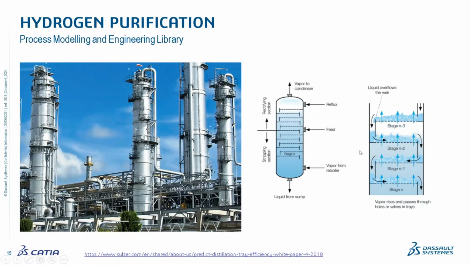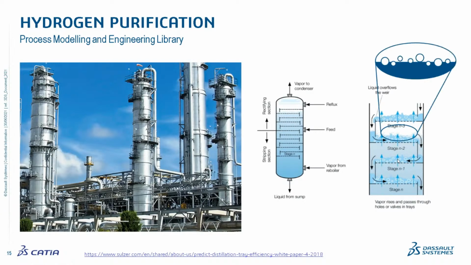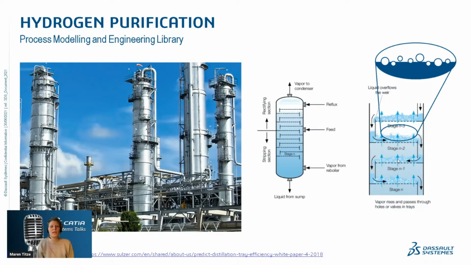And as you see, we have different stages here. But what happens on these stages? We have on each stage a specific thermodynamic equilibrium. This means we have at each stage a different pressure and temperature. And in this equilibrium, the fluid turns into one liquid and one vapor phase.